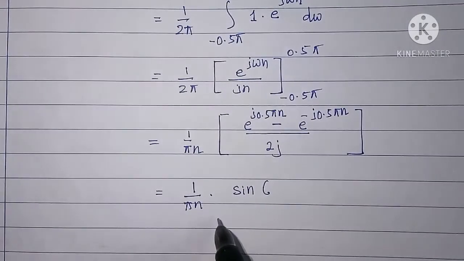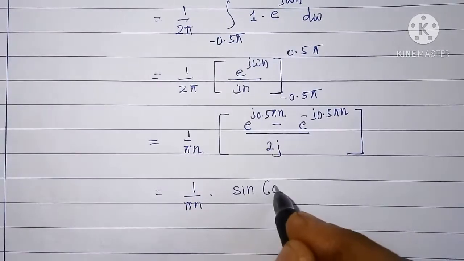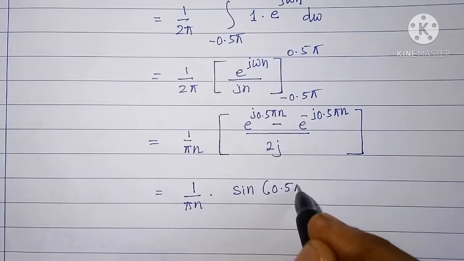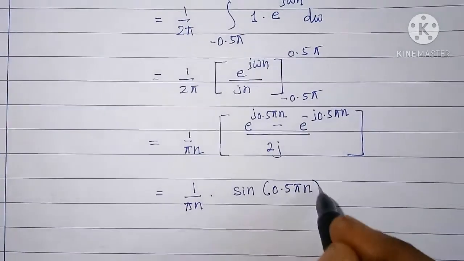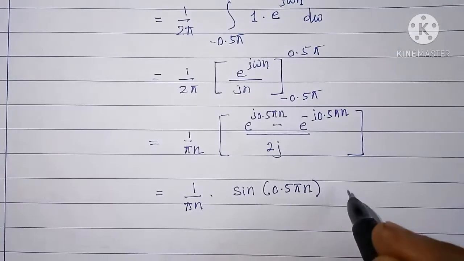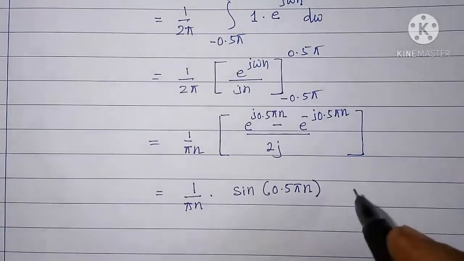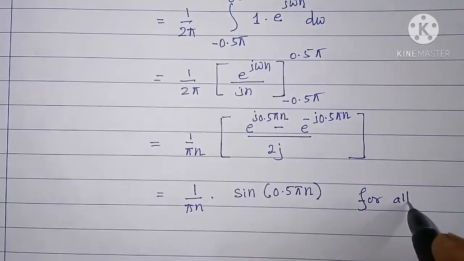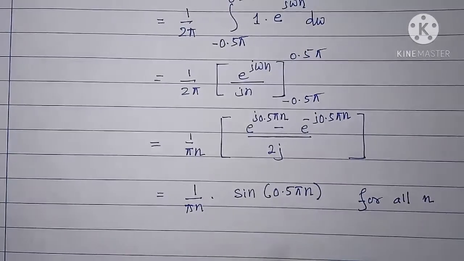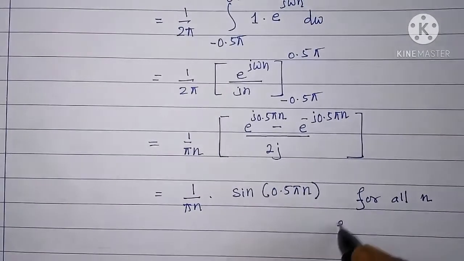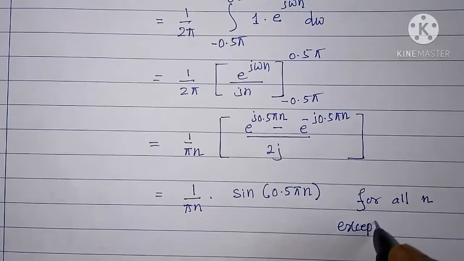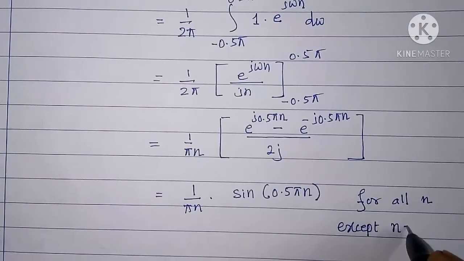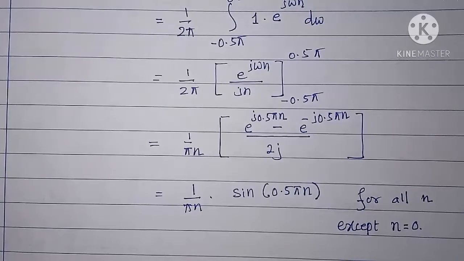That is equal to 1 by pi n into sine of 0.5 pi n, and this holds good for all n except n equal to 0.